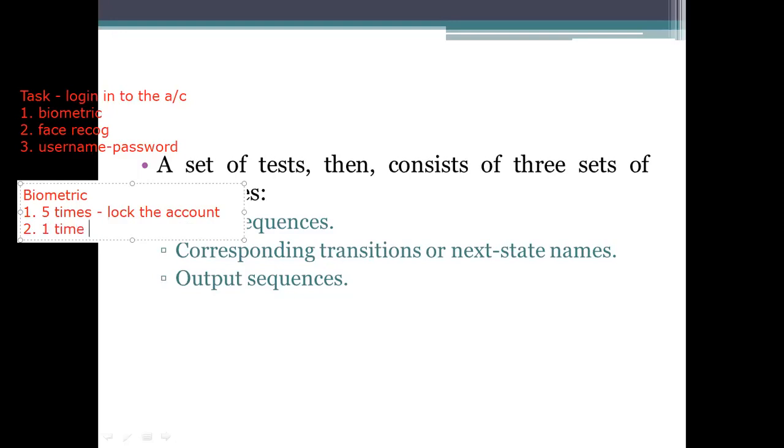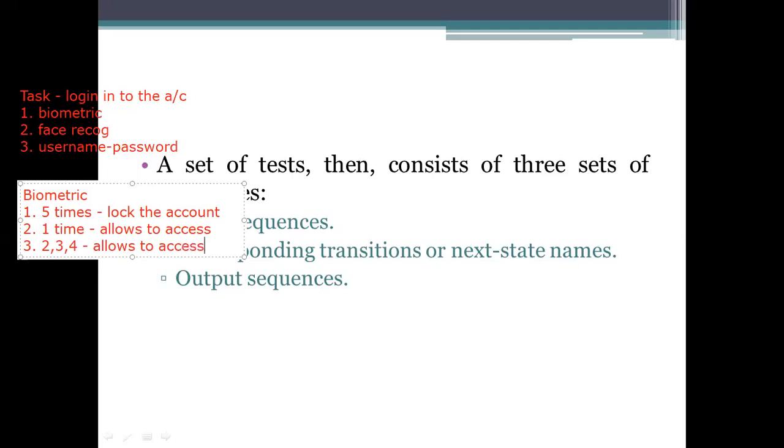When it is the second, third or fourth time, we perform the action again and again, and it allows you to access.